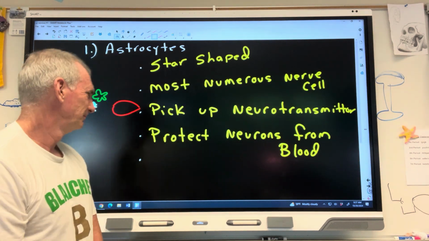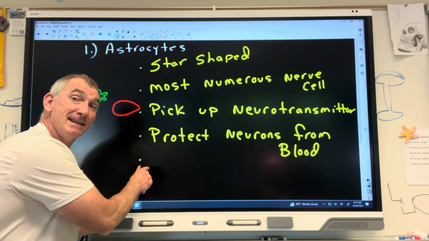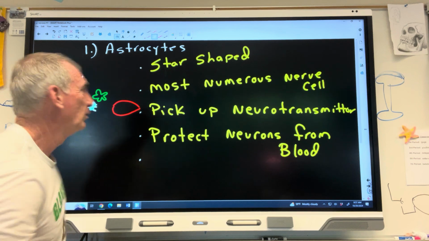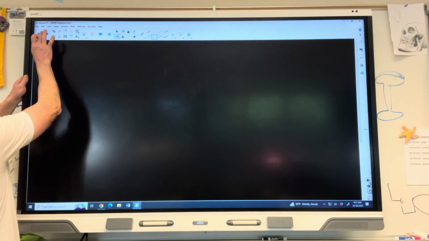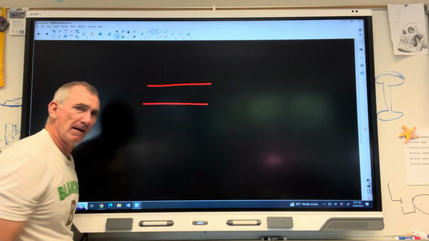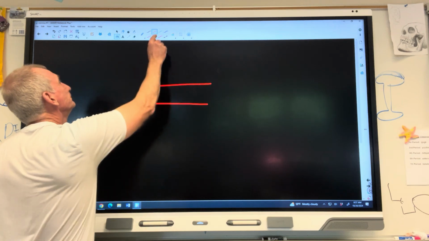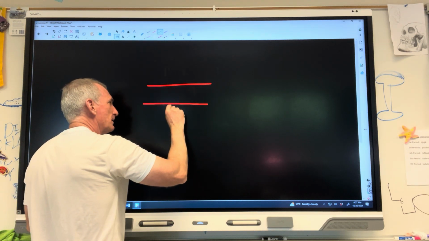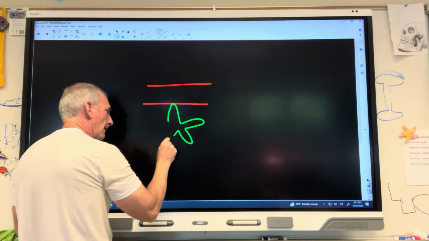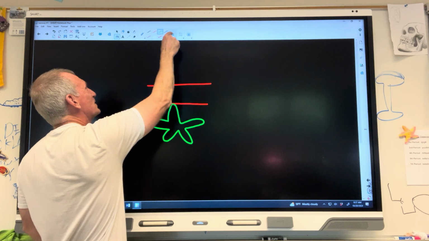What? I don't get it. In this last bullet, let's make this drawing. I don't like writing low, so I'm going to go to a new page. Draw blood. Now, draw your best astrocyte. I'm telling you it's star-shaped. Now, draw a neuron.